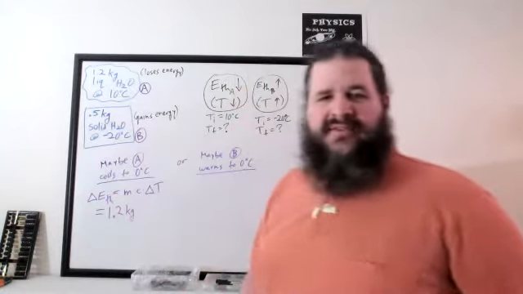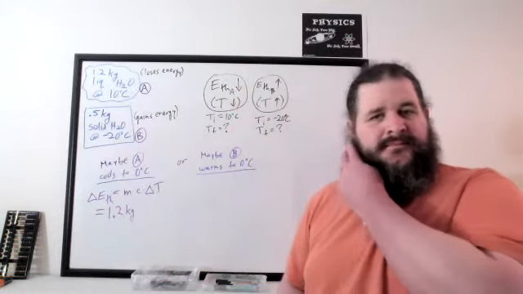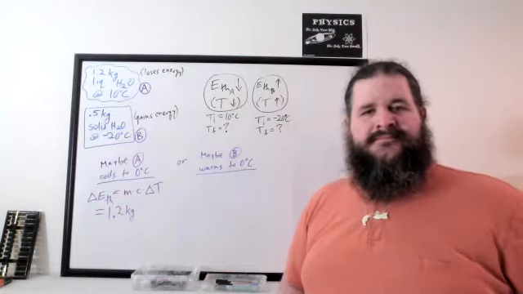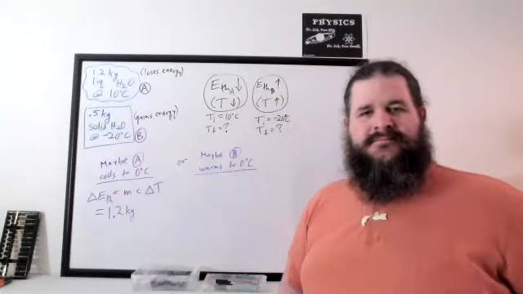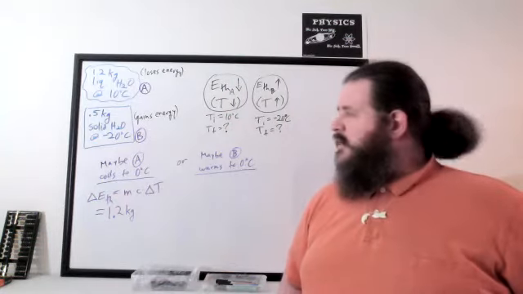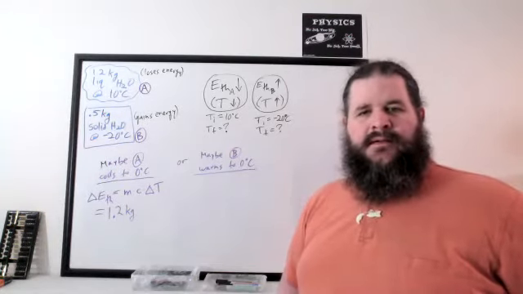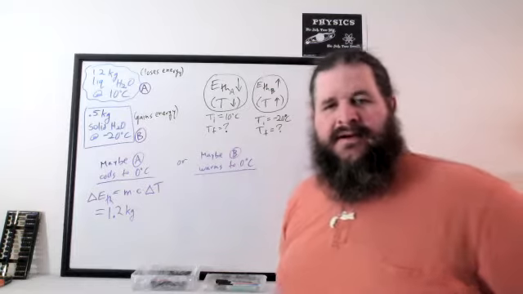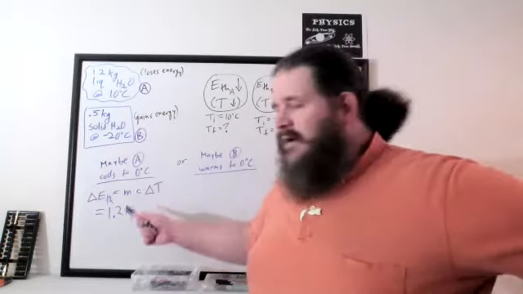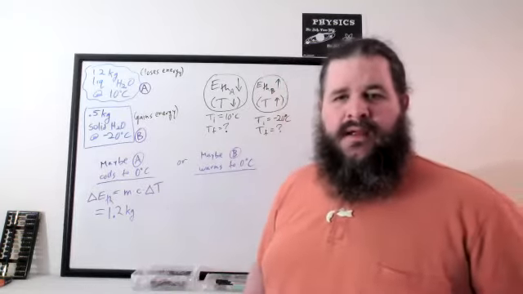And where could we get specific heat? How would we know the specific heat for this situation? Yeah, we can just look that up on a data table. Look up specific heat of liquid water on a data table.